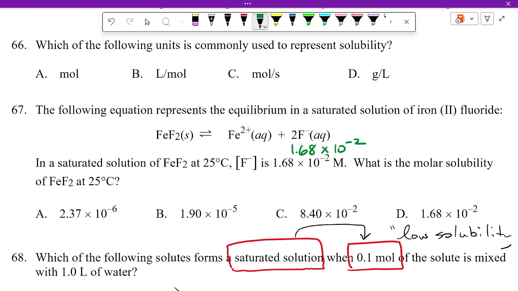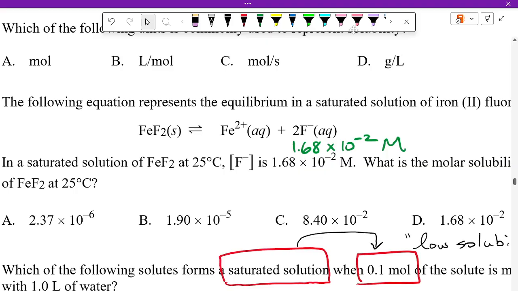And that means that the concentration of iron, don't worry about it, I'll get it later. What would the concentration of iron be? Half that, 8.4 times 10 to the minus 3. And what would the concentration of FeF2 be? 8.4 times 10 to the minus 3.